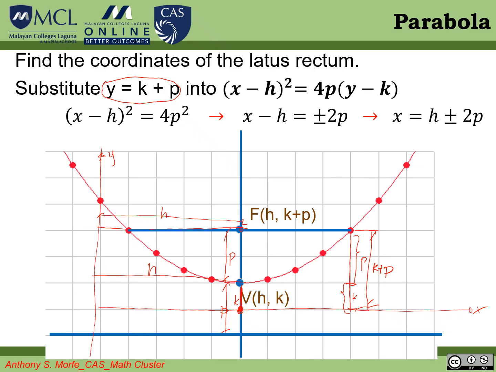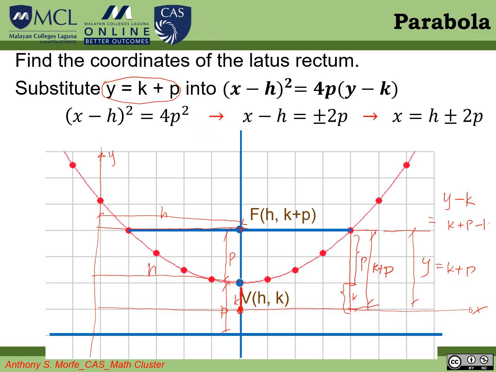So our y here, y is equal to, we have here the expression, our y is k plus p. So we have y minus k, and our y is k plus p.